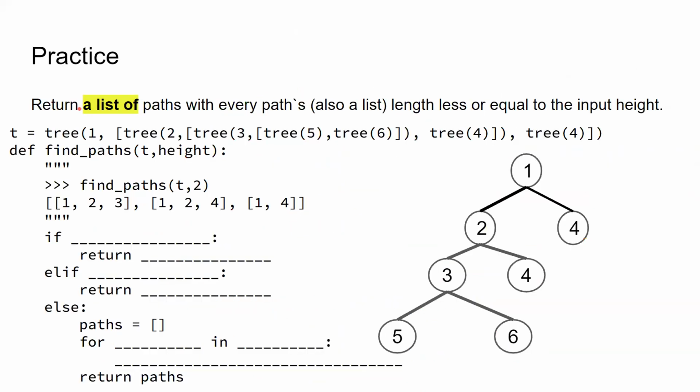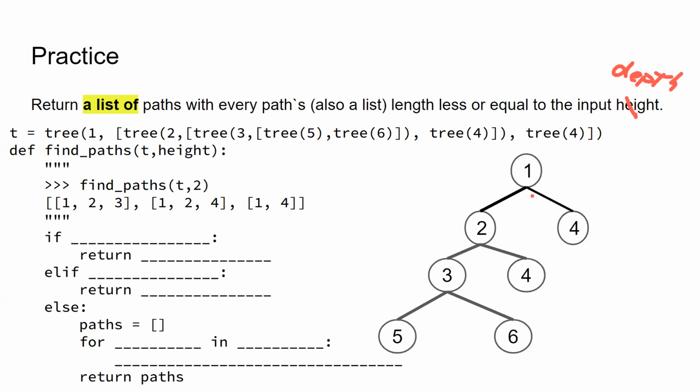The practice is to return a list of paths, with every path also a list, of length less than or equal to the input height. So I have a tree here. I actually want to find how many paths so that I can travel 2 levels in the tree. Yeah, I would say equal to the input depth.